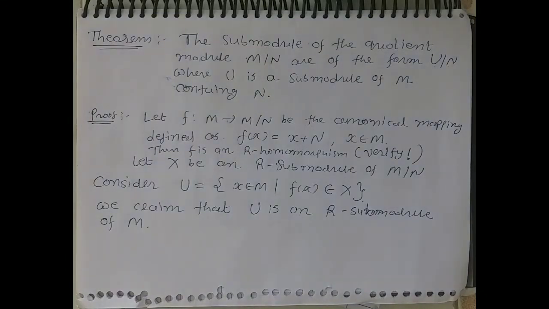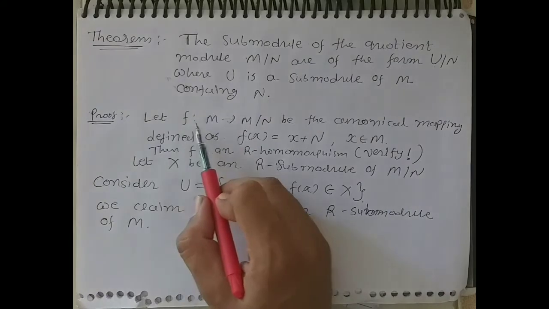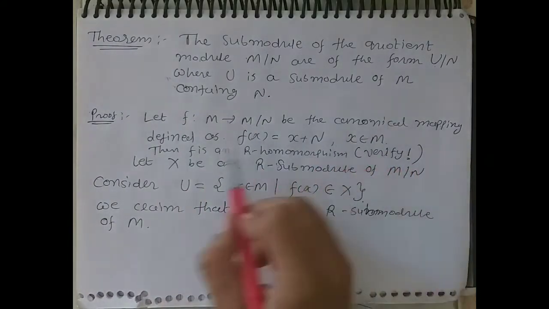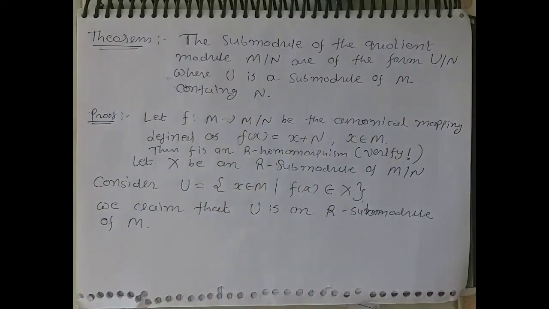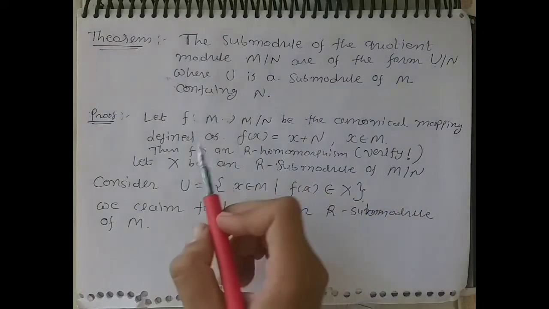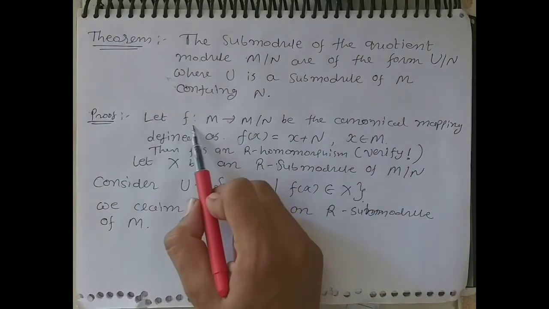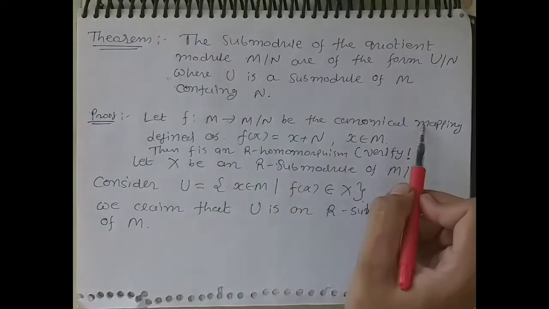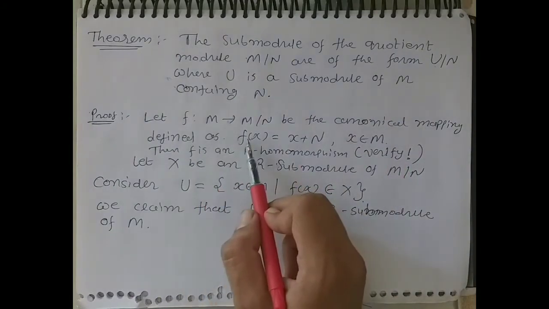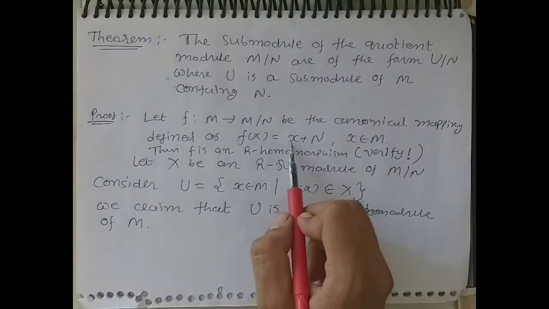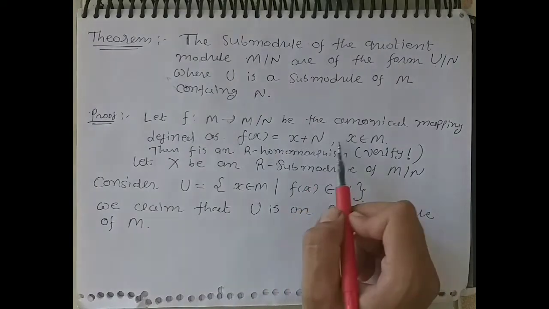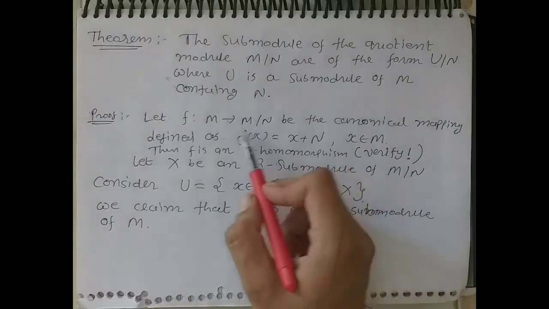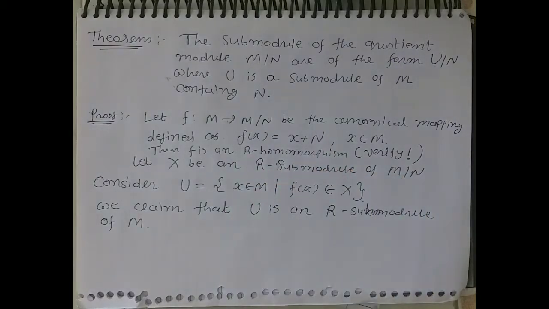તો કઈ રીતે સ્ટાર્ટ કરીએ? Let f be a map from M to M quotient N, the canonical mapping. કેનોનિકલ મેપિંગ તમારે પ્રીવિયસ યરમાં આવી ગયું છે, બરાબર. સો કઈ રીતે ડિફાઇન કરેલું છે? f is a map from M to M quotient N. Canonical mapping defined as f of x is equal to x plus N, okay, where x belongs to M. આ રીતે canonical mapping define થયેલું છે.